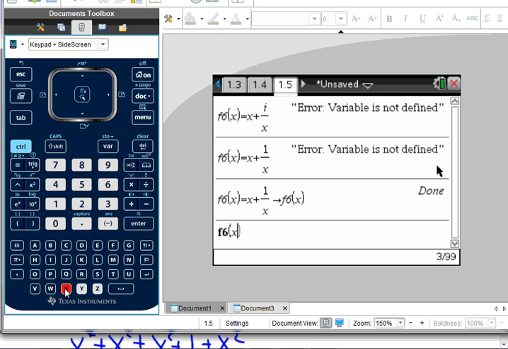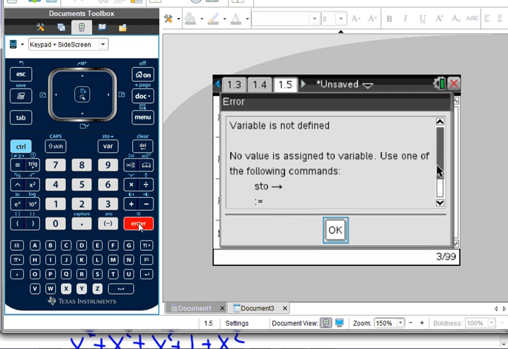When I did this, I stored it, so then I want f6 of x. Oops, too many parentheses. Oh, I know what my problem is. Sorry.